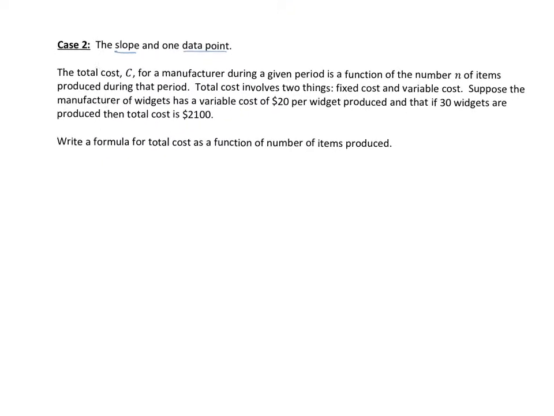In this problem, we're still talking about total cost. Total cost is still a function of the number of items being produced. And we're told here that total cost, again, involves two things: variable cost and fixed cost.